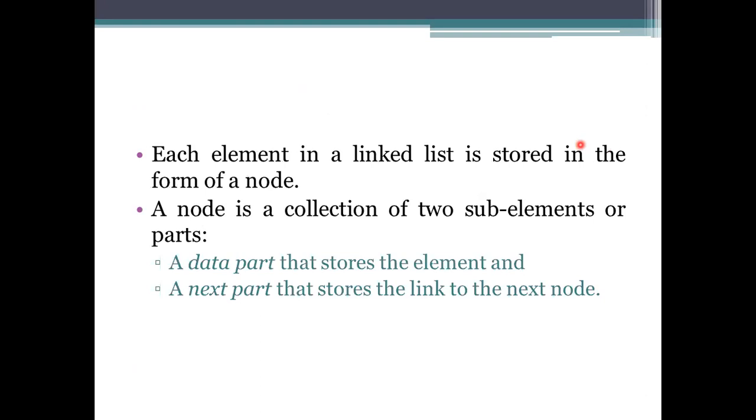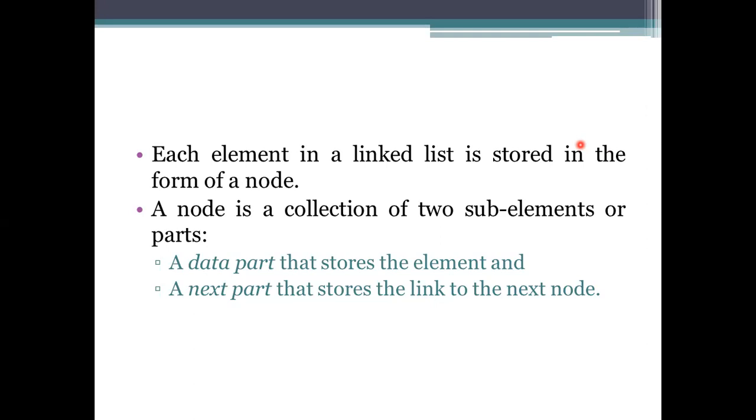As you see, each and every element has a node. This node consists of two parts, the data part and the next part. The data part consists of the data value you have stored, and the next part consists of a pointer which links to the next node. If it has a pointer, then it will have a link to that node.